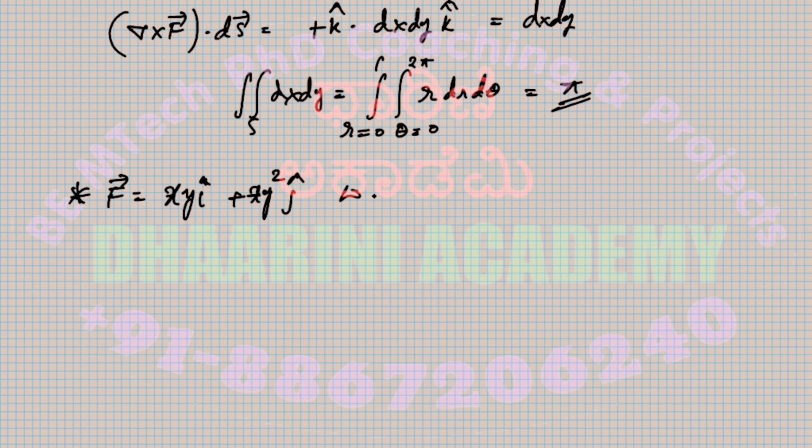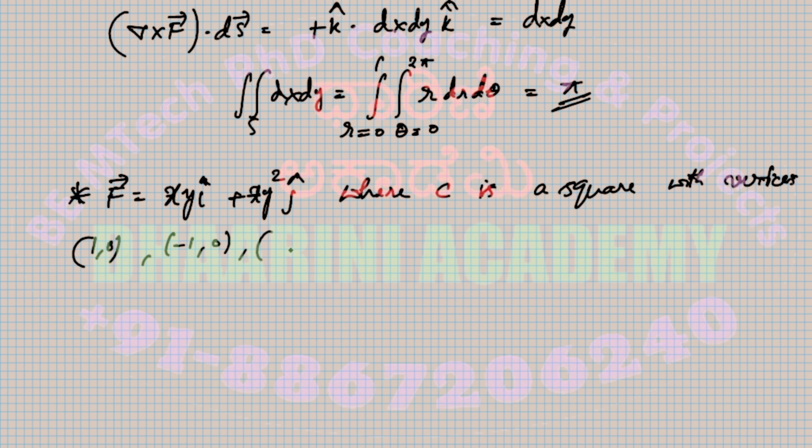where c is a square with the vertices 1 comma 0, minus 1 comma 0, 0 comma 1 and 0 comma minus 1.